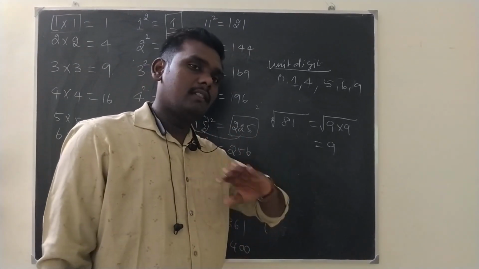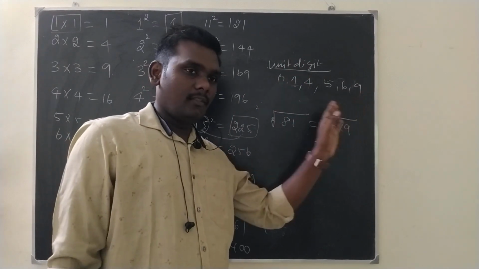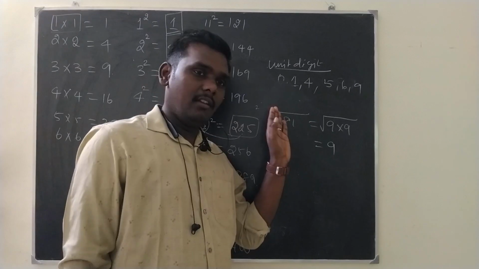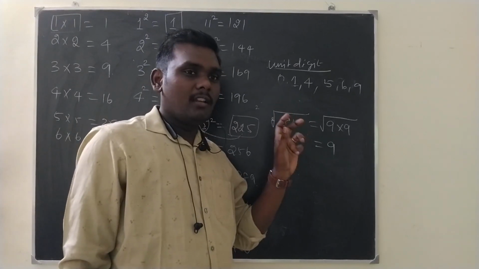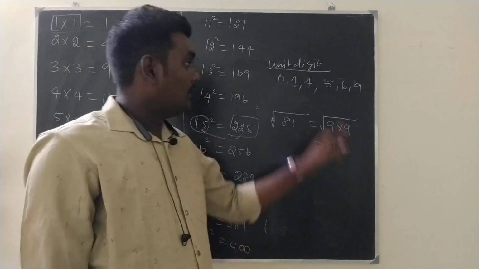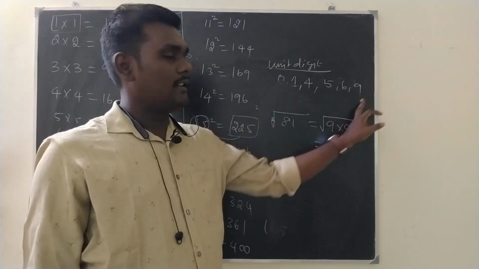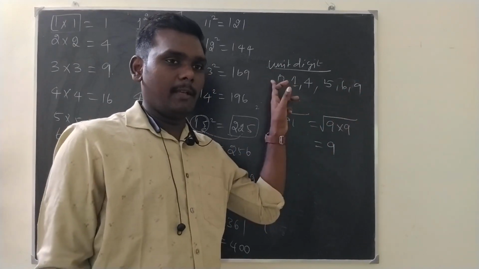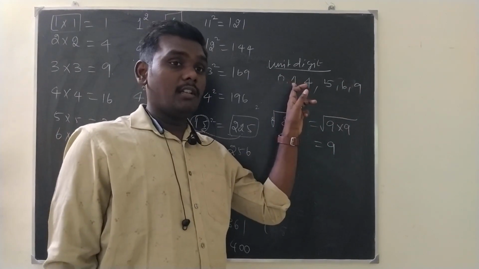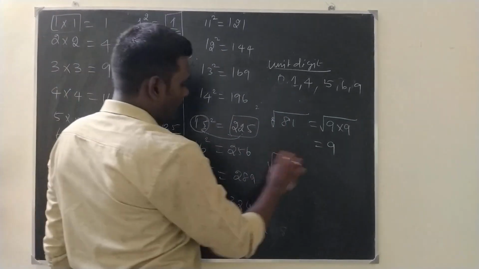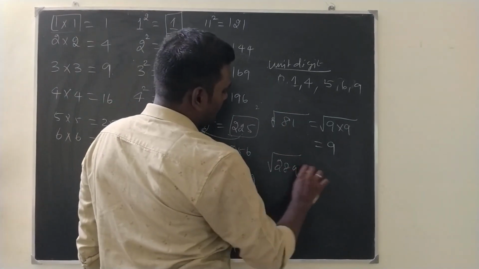So previously we have seen the unit digits, right? This unit digit relation will help us identify what could be the unit digit of the square root. The unit digits of perfect squares will help us identify the unit digit of the square root. So if I say the square root of 289, what will you say?